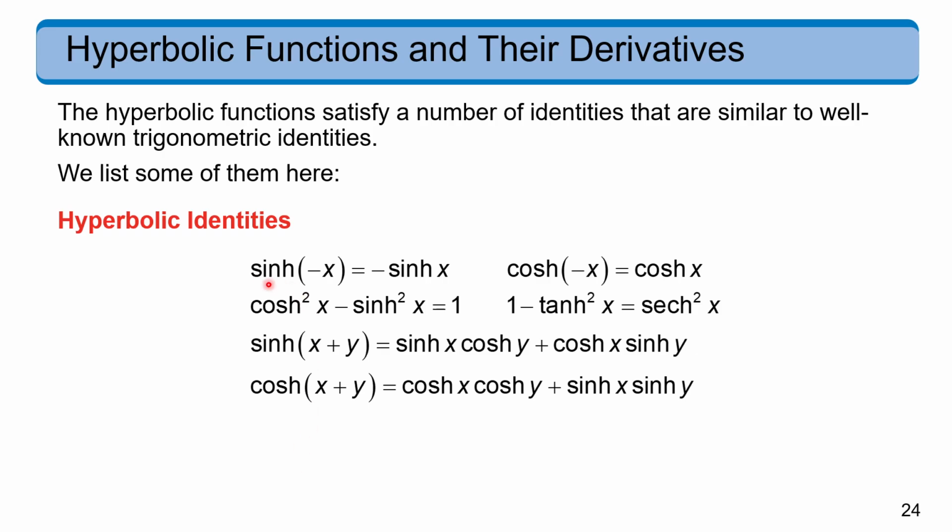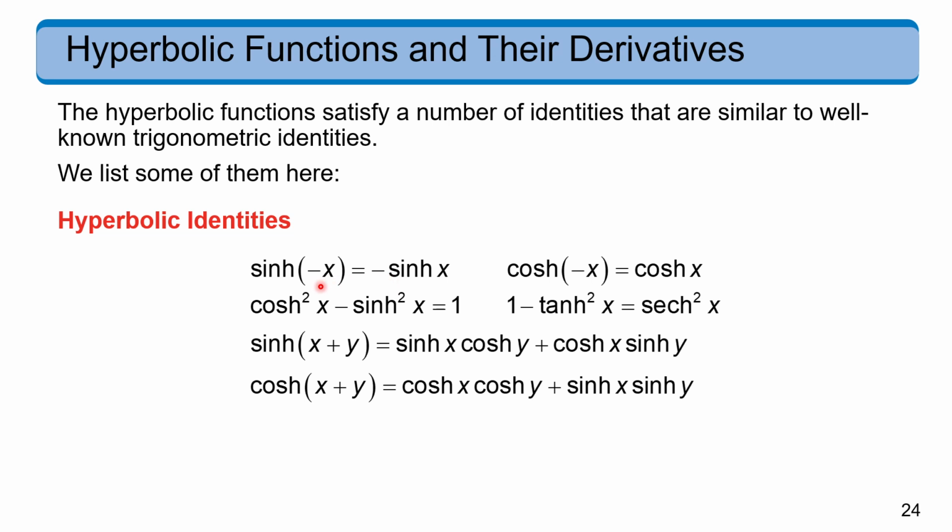So for example, this first one, let's look at the cosine version first. Hyperbolic cosine of negative x equals hyperbolic cosine of x. In other words, that negative sign doesn't make a difference. That is also true for the cosine function. If this were plain cosine, we have the same identity.